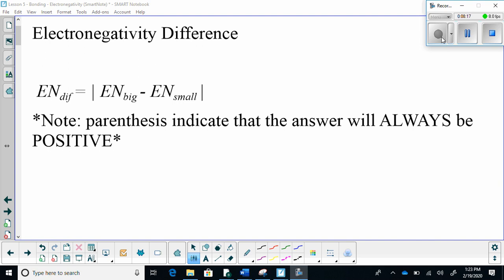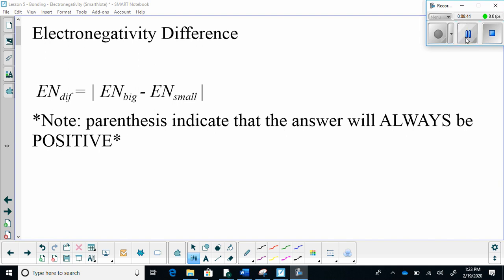If you do happen to switch them, small minus big, that's okay. Just take the absolute value. Parentheses indicate that your answer should be positive. If you get a negative answer, the parentheses say you need to take the absolute value, which is positive. So note that the parentheses indicate the answer will always be positive.